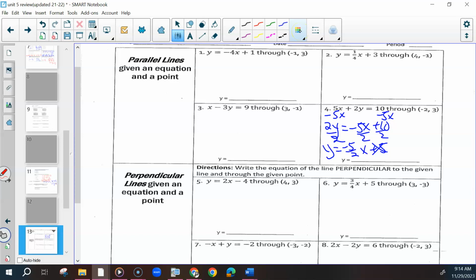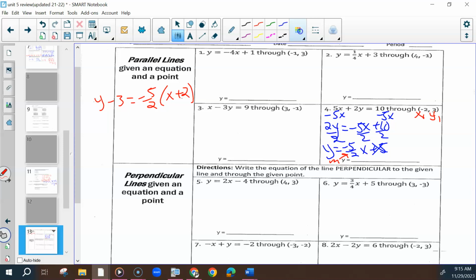If we're looking for an equation that is parallel, we're using the same slope. And then we're using the point x1, y1. I'm going to do the rest of the work over here because I don't think there's space. So then we have y minus 3 equals negative 5 over 2 times x. I'm going to put plus 2 or minus minus, you need to change it.